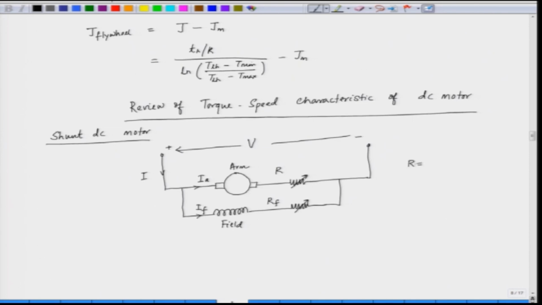R is the total resistance of armature circuit. What is RF? RF is the total resistance of the field circuit.